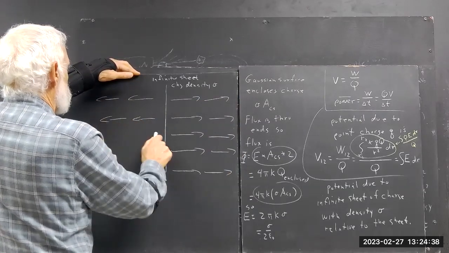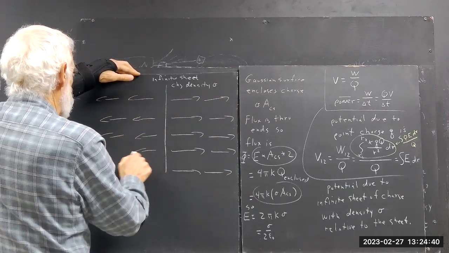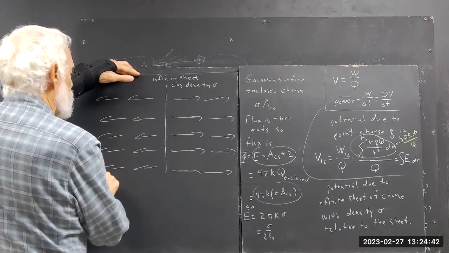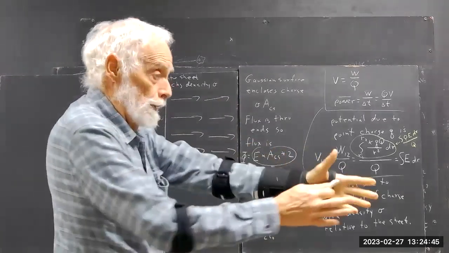Assuming sigma is positive; if it's negative, the arrows reverse. All the arrows have the same length because it doesn't matter how long this tube is.